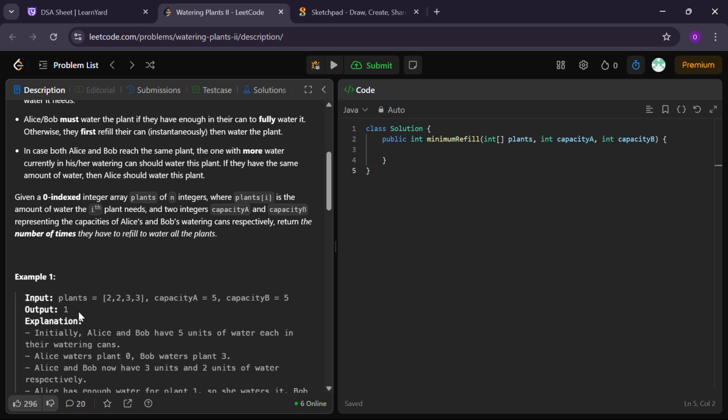Let's try to code this so that we can get a better idea. The very first thing I always say is store the length in a variable n. Now we know we need a counter in a count variable, initialized to 0.